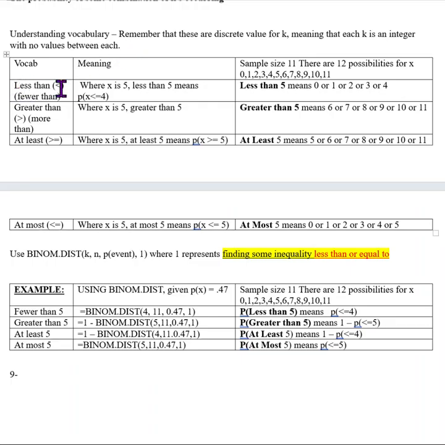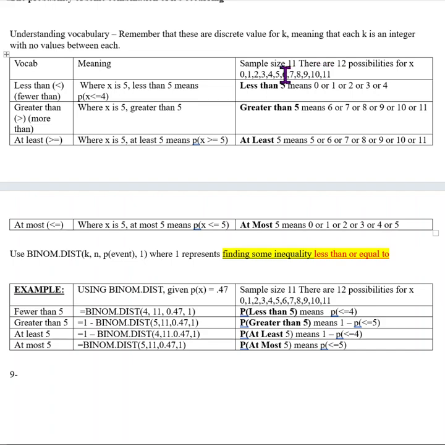Vocabulary: less than or fewer than. When x is 5, and I want to know the probability of getting less than 5 winning tickets. If you look up here, the sample size is 11. There's a possibility of no winning tickets, 1 winning ticket, 2 winning tickets, 3 winning tickets, and so on.